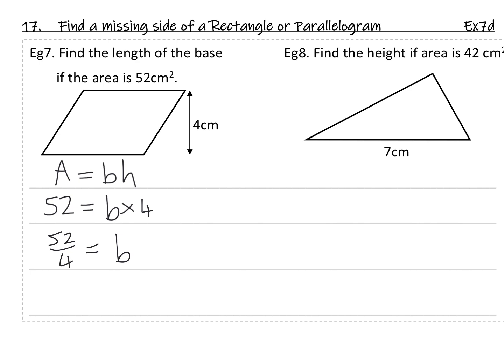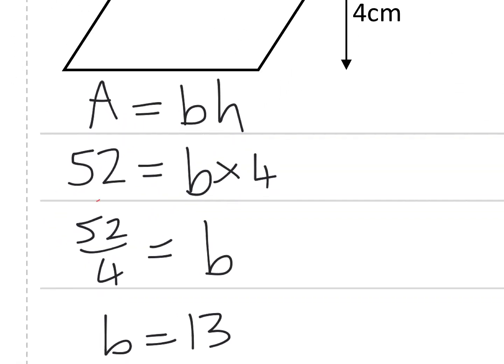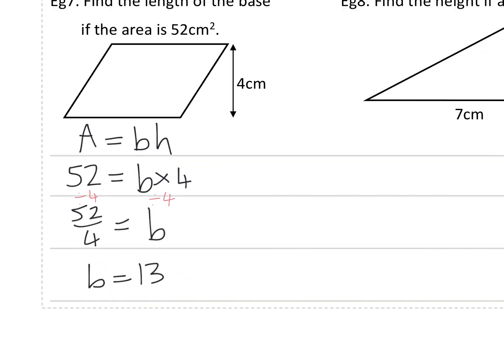And 52 divided by 4 will give us 13. So B equals 13. You may like to write down in the way you do this that we are dividing both sides by 4. If you prefer that, that's okay.